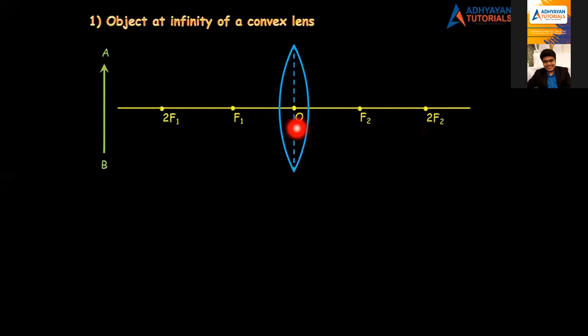Similarly, from O, 2 centimeters on the left is F1. And from F1, 2 centimeters on the left is 2F1. I hope people have finished drawing the principal axis and marking 5 points.